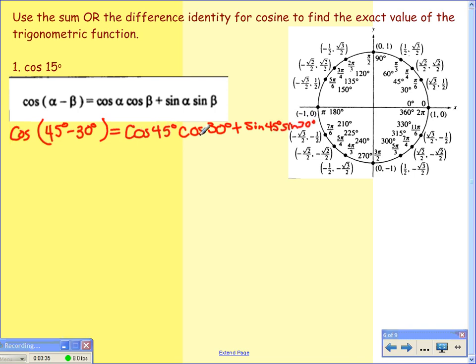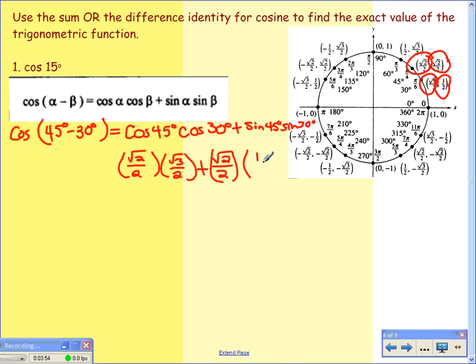So from our unit circle, cosine of 45, square root of 2 over 2. Cosine 30 degrees, square root of 3 over 2. Plus the sine of 45 degrees, square root of 2 over 2. Times the sine of 30 degrees, which is 1/2.